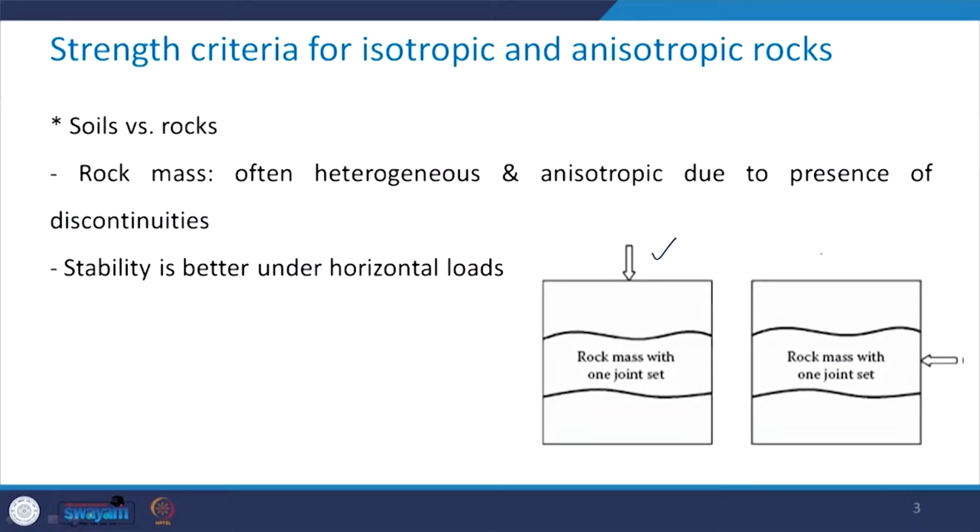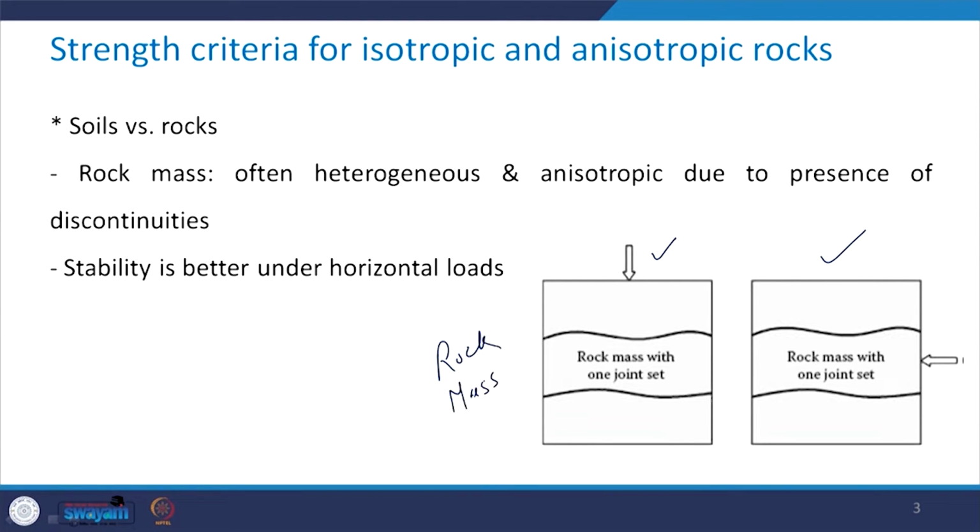But what happens in case of the rock mass? It is often heterogeneous and anisotropic. Why? Because of the presence of discontinuities. Take a look at these two pictures. There is one joint set and this I am calling the rock mass.